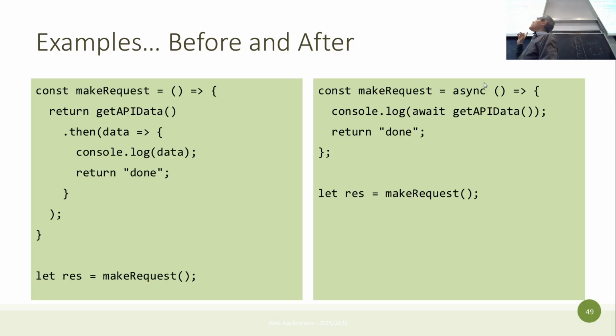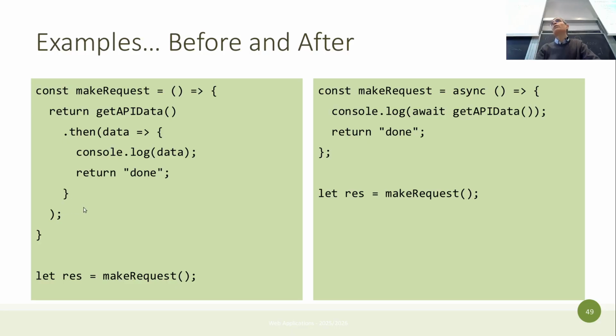If you don't put the async here, you will get a runtime error, okay? Because JavaScript says I cannot execute await inside a function that is not async, okay? Of course, here, note that we didn't handle any error, so there is no try catch. But by the way, the same is true here on the left, because we don't have a .catch as well.